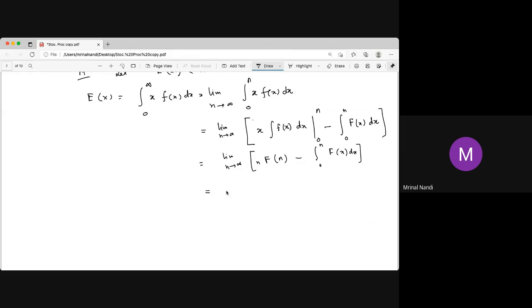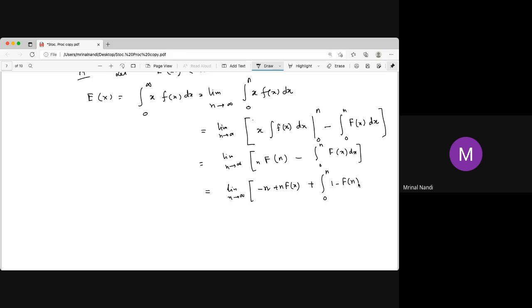So next, it is just the limit n tends to infinity. You just take minus n here, minus n plus n f(x), and take plus n here. Since you take plus n here, you can write plus n times 1 minus Fn.